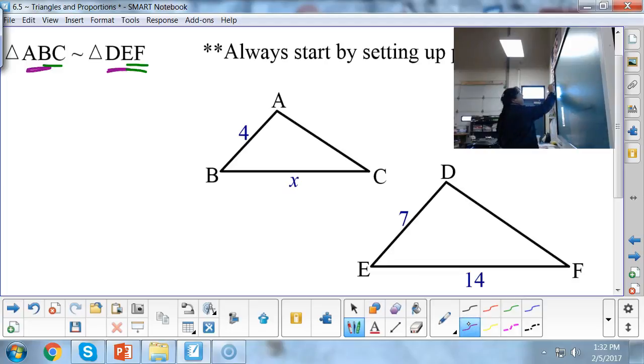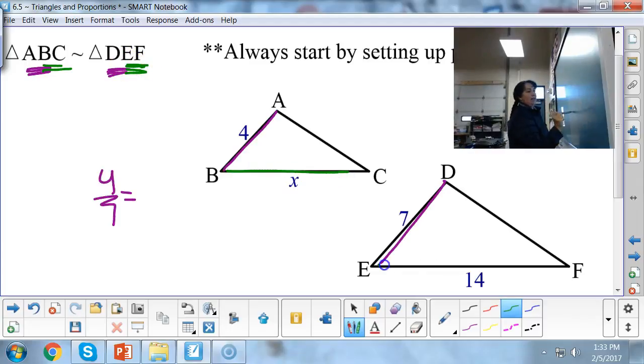I already marked that AB corresponds to DE, so AB and DE are corresponding parts. So 4/7 equals, and then I've already marked that BC corresponds to EF. So BC and EF. I'm going to put equals, since the 4 is on top here, I'm going to put the x on top, x over 14.